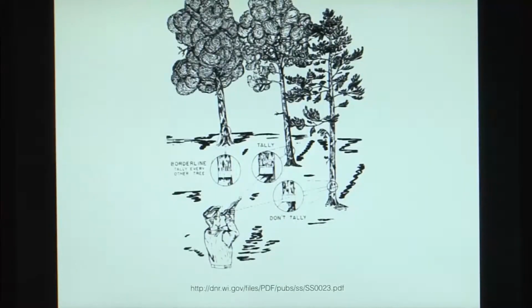Whenever you are using these instruments, any tree that subtends an angle greater than the critical angle is counted as a full tally. Any tree that subtends an angle less than the critical angle is not counted, and any tree that subtends an angle equal to the critical angle is counted as a half tally.